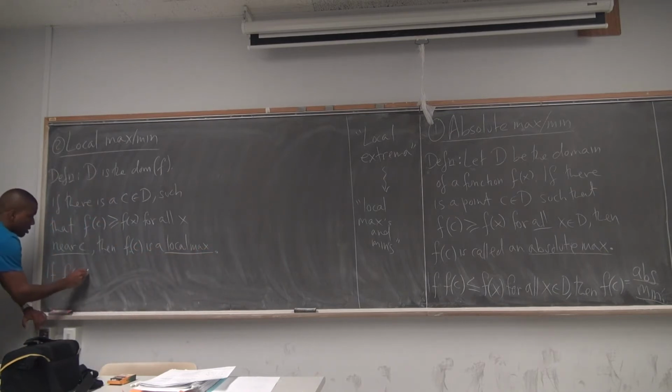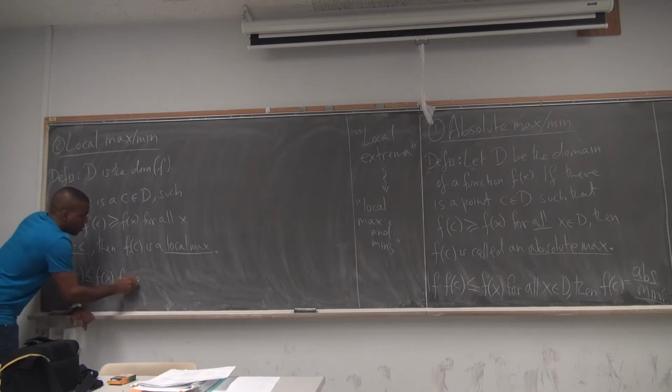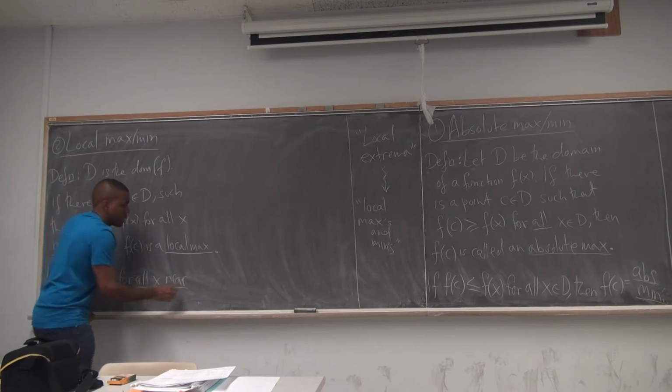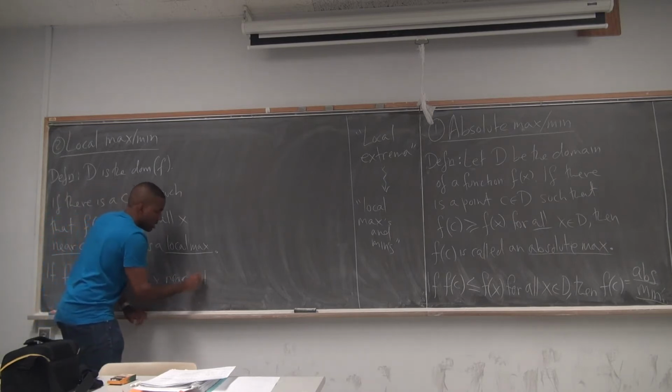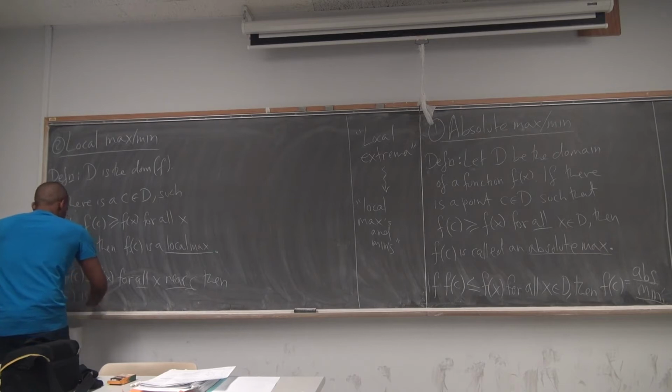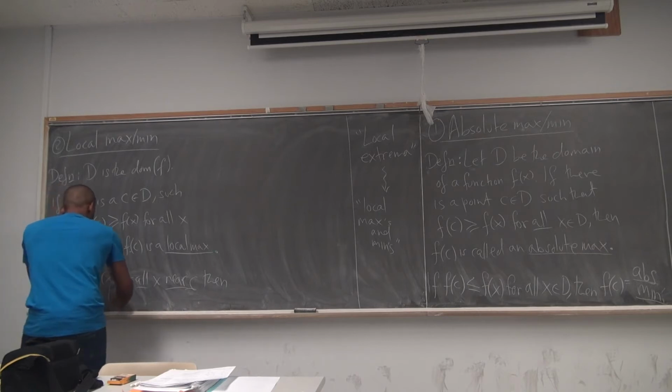If f of c is less than or equal to f of x for all x near c, then f of c is a local minimum.